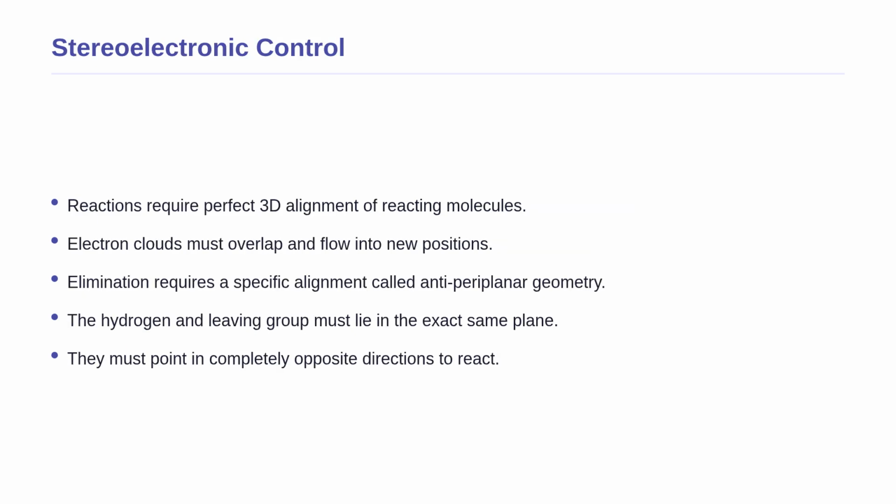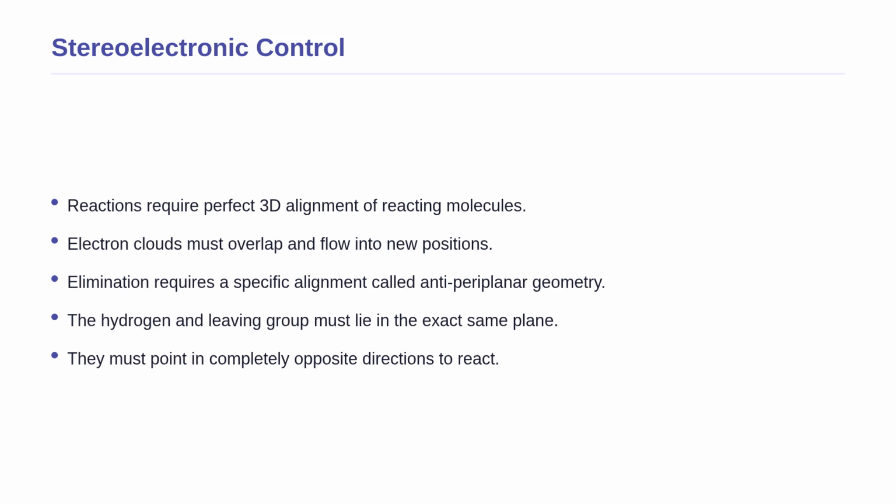Before we can predict which rule wins, we must introduce a mandatory physical requirement called stereoelectronic control. Why is this so crucial? Because molecules are not flat drawings on a page. They exist in three-dimensional space. Stereoelectronic control dictates that a reaction can only happen if the reacting atoms are aligned perfectly so their electron clouds can overlap.